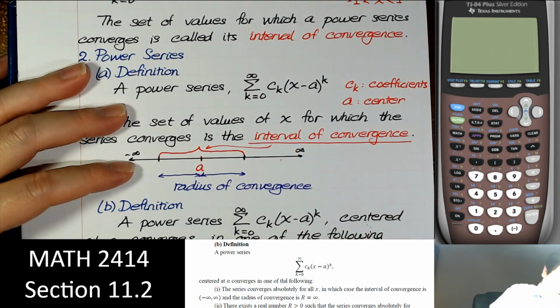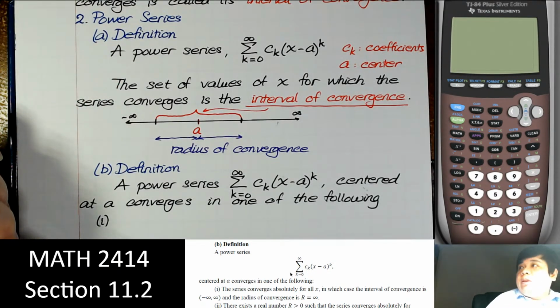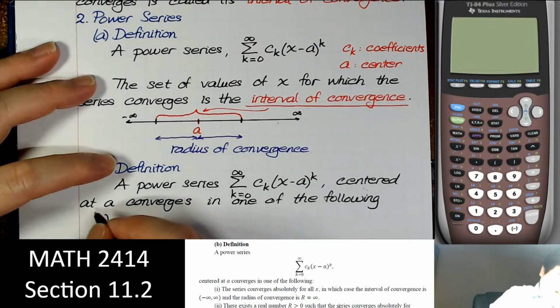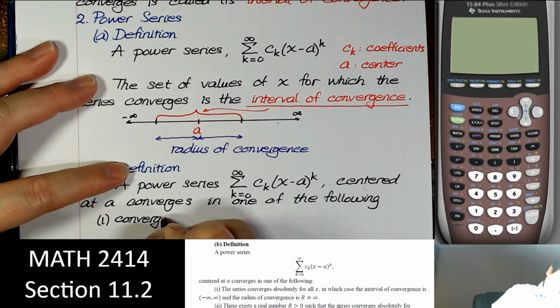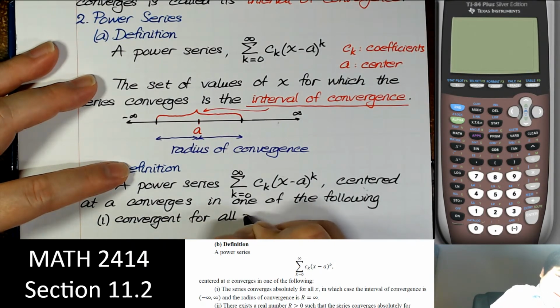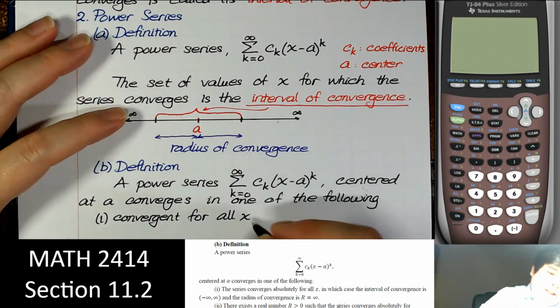So there will be three cases of convergence. The first is convergent everywhere, convergent for all x.